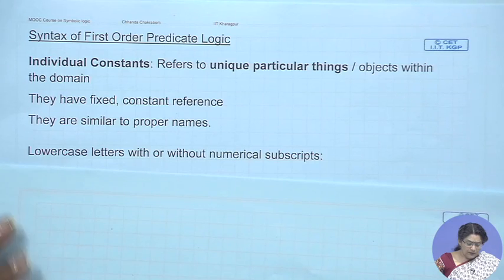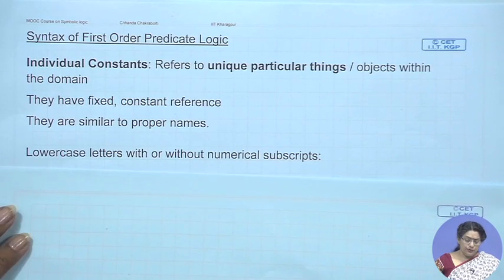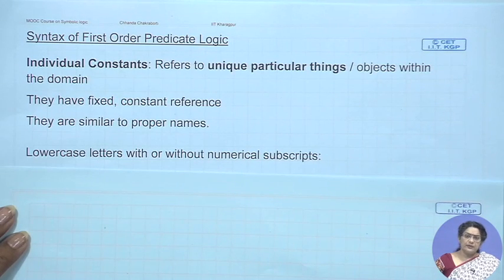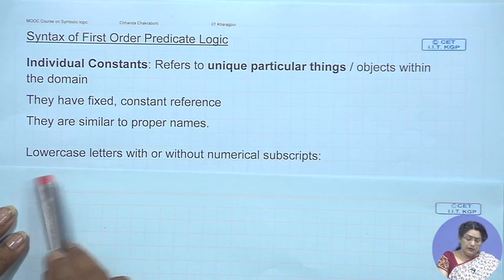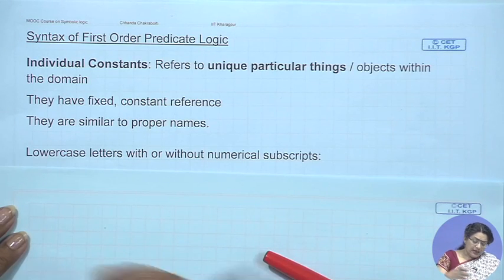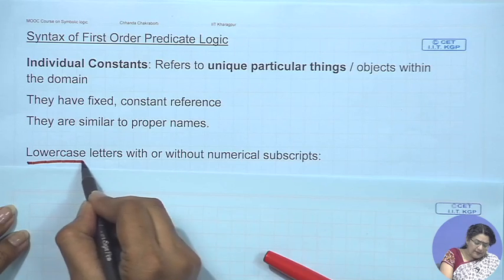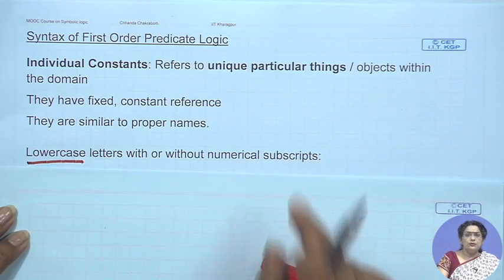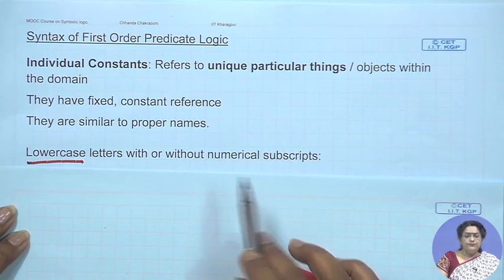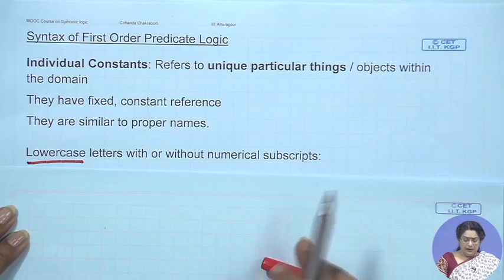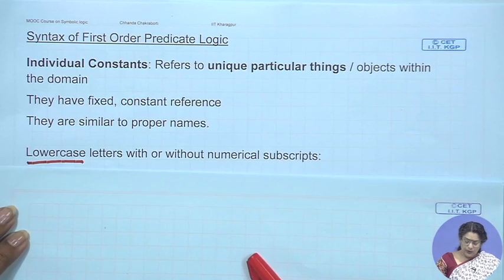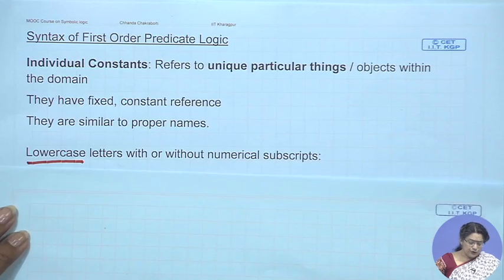Now, visually they are going to be lowercase alphabets. Okay, lowercase. There is case sensitivity here. Now, you may have numerical subscripts with them, you may not, but it has to be suitable lowercase letters.